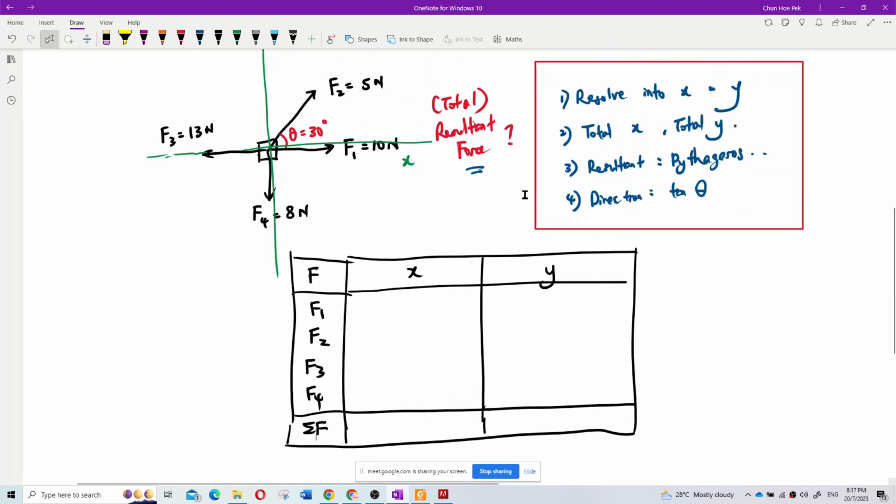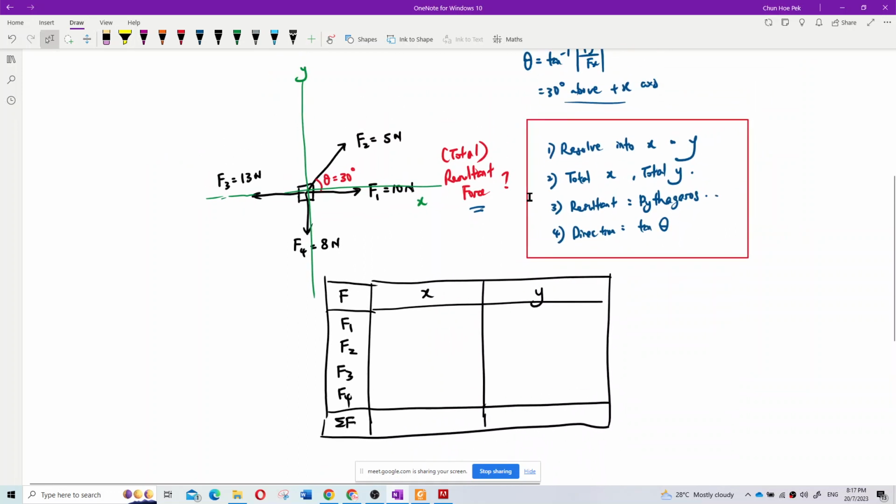Okay, now first, direction. Going to the right is positive, going upward positive, going to the left negative, going down negative. For direction, you must put the positive or negative first. Understand, class? And then next, resolve the vector into x and y.